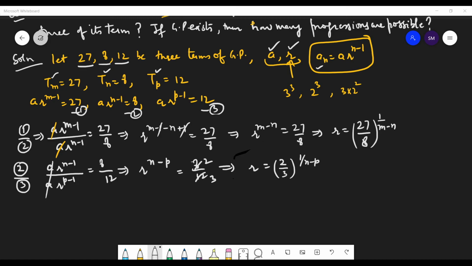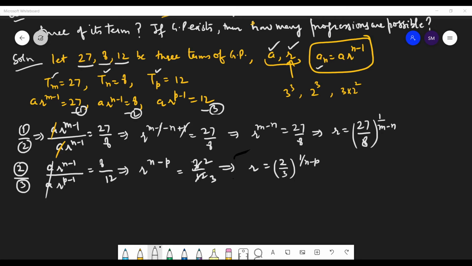Now students, you can multiply both the terms with, let this be equal to, suppose a, okay? So multiply both sides with the power a, meaning n minus p, like squaring both sides.